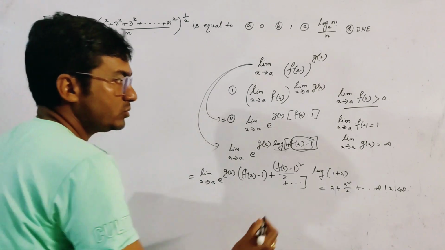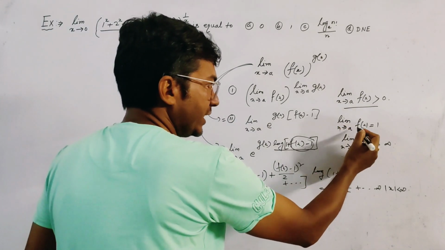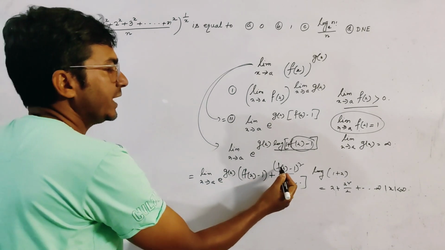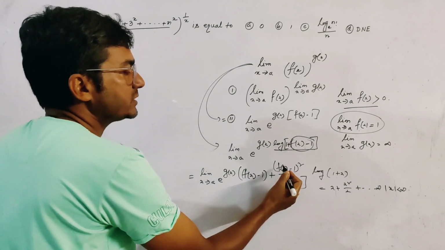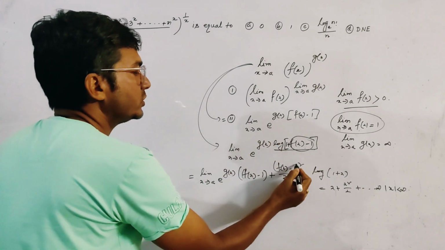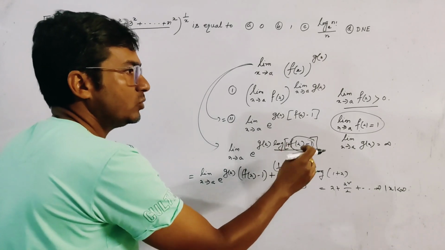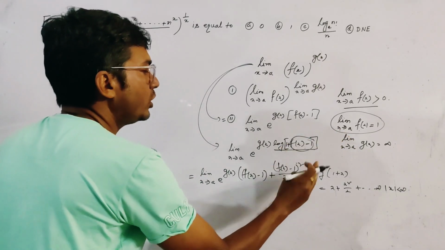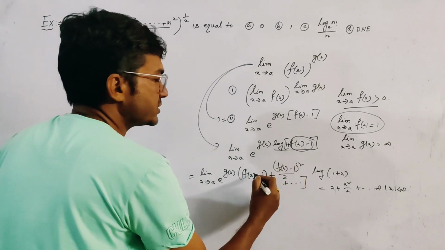Now since limit x tends to a of f(x) is equal to 1, terms like square, cube and so on are very small. So we neglect all the terms after the first term.